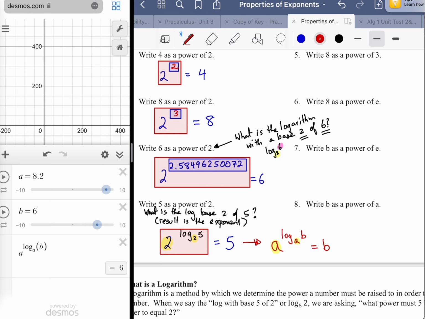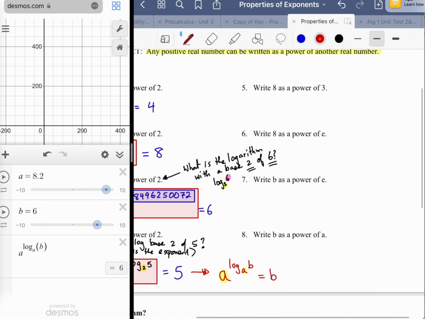It'll always end up being positive. I feel like I said that backwards. Negative. I'll come back to that. I think I just had a brain cramp.